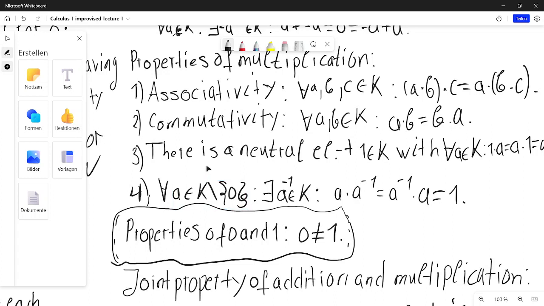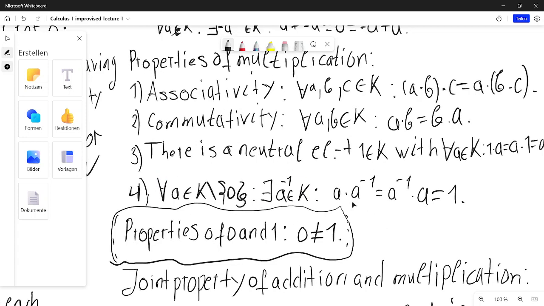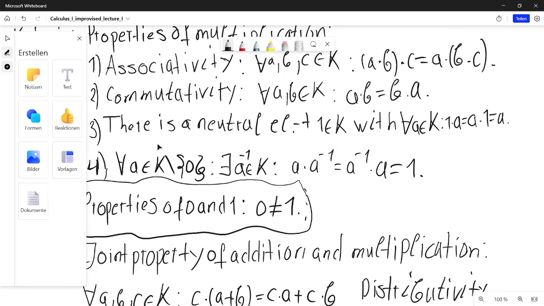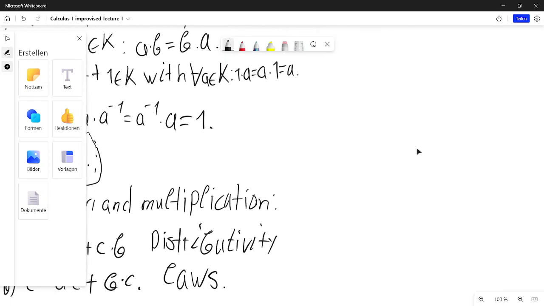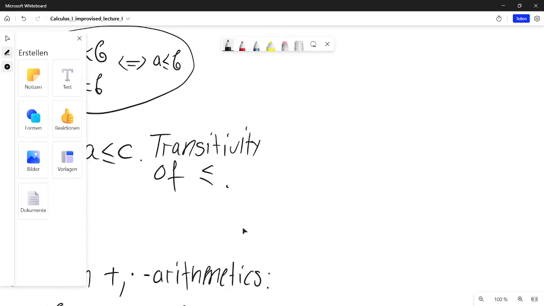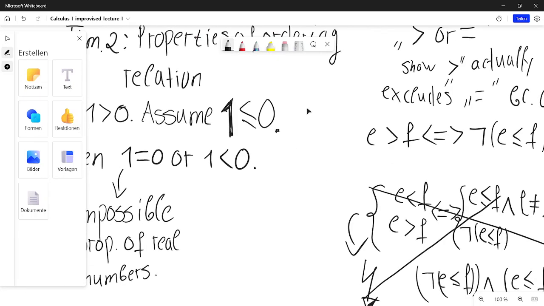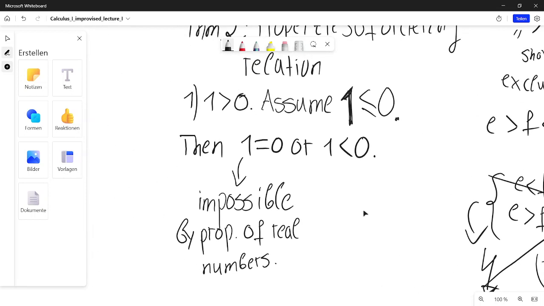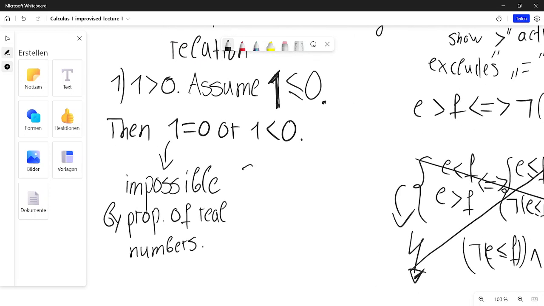This was just a necessary thing to take 0 out, but this doesn't say anything about 0. It is just stated what holds for those that are not 0, but what about 0? We don't know. So by properties of real numbers, nothing goes. Impossible by properties of real numbers. So this case remains.